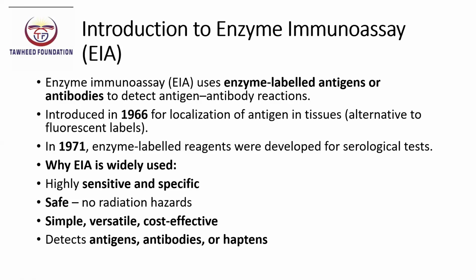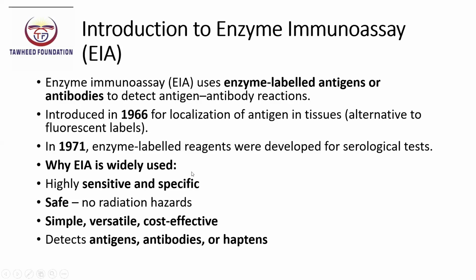It was first introduced in 1966 to localize antigens in tissue sections, providing an alternative to fluorescent labeling techniques. Later in 1971, enzyme-labeled reagents were adapted for serological testing, making the assay suitable for blood and serum samples.